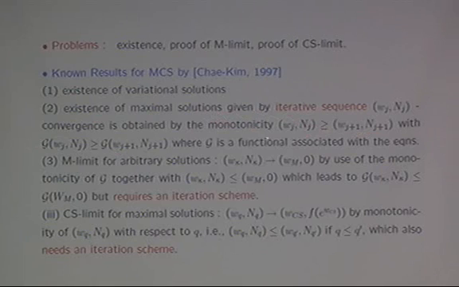In fact, if G is a function associated with the equations, and the iterative sequence has a pointwise estimate like this one is bigger than this one, and this one is bigger than this one, then we can obtain the monotonicity of the functionals.